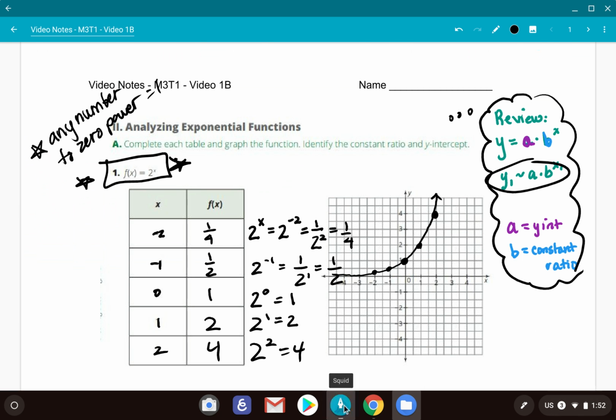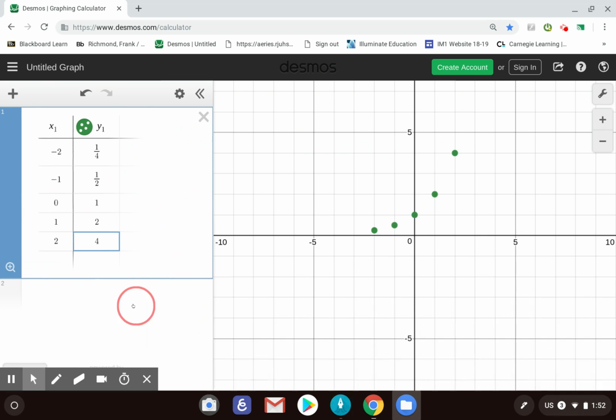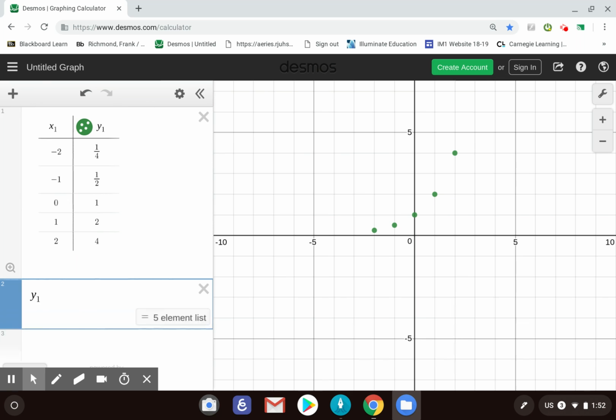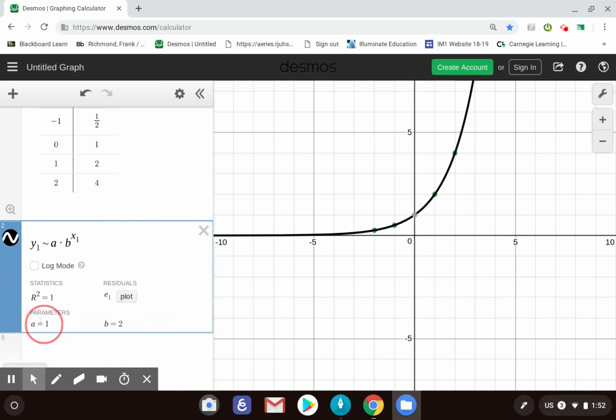That'd be 1/4, 1/2. And that's what it would look like. I can use my exponential regression to find my a and b values. So you can see my a value is 1. That's my y-intercept.